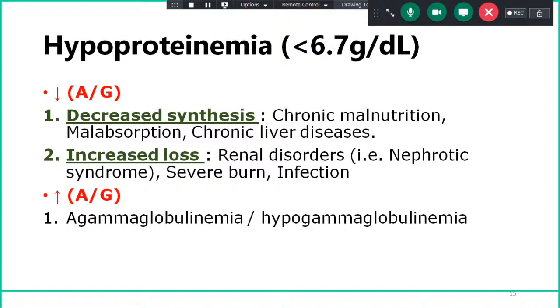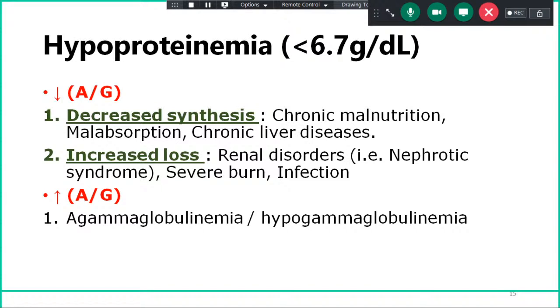And in chronic liver diseases, the hepatocyte function is destroyed, so albumin is not able to be synthesized normally. Similarly, there might be increased loss, which is seen in cases of renal disorder, for example nephrotic syndrome, and in severe burns and infection, which are states of increased catabolism of protein, leading to hypoproteinemia.